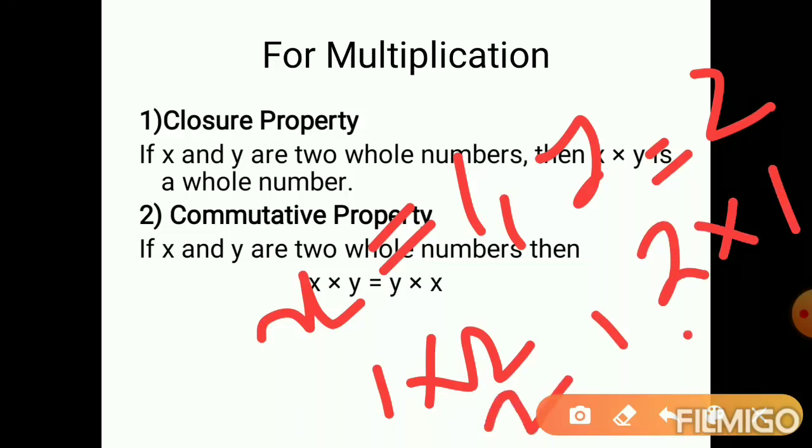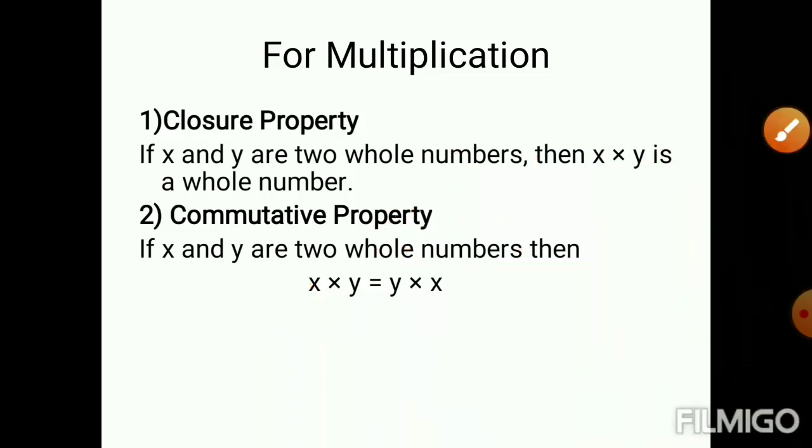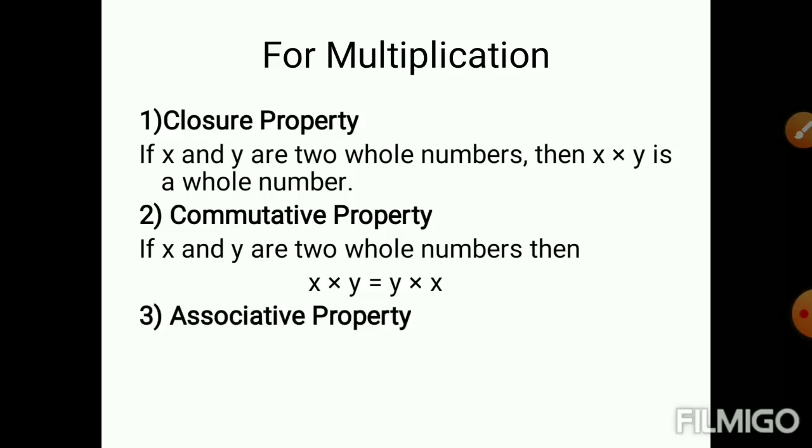So 1 into 2 is 2 and 2 into 1 is 2. So we will get the same answer. So we can say, if x and y are two whole numbers, then x into y will be equal to y into x. We can multiply the numbers in any order, so multiplication is commutative.